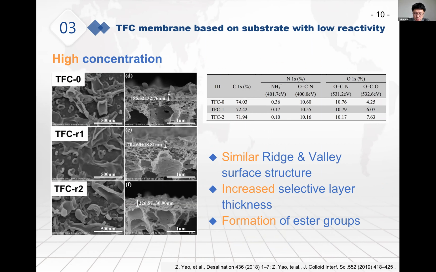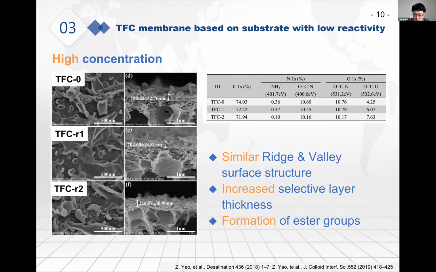From the SEM images, we could find a similar ridge and valley surface structure in all of the 3 TFC membranes. This is a typical surface morphology of polyamide formed by the IP process between MPD and TMC. Then from the cross-section SEM, we found that the thickness of the selective layer increased with the increasing surface hydroxyl group content.